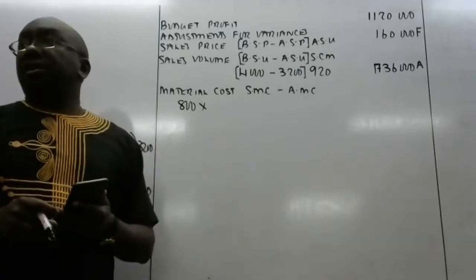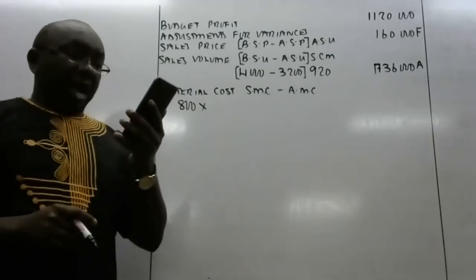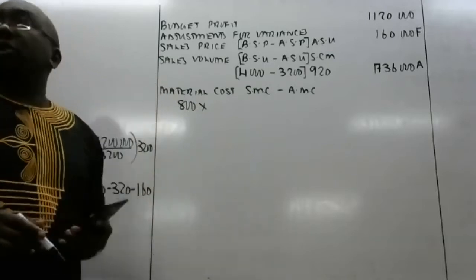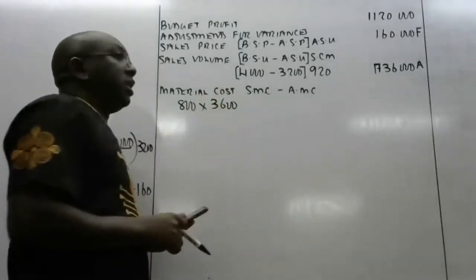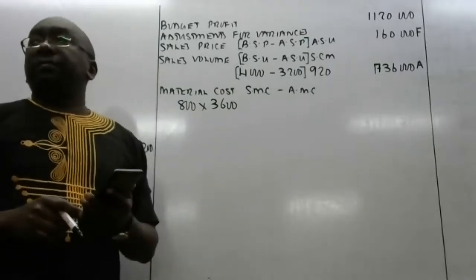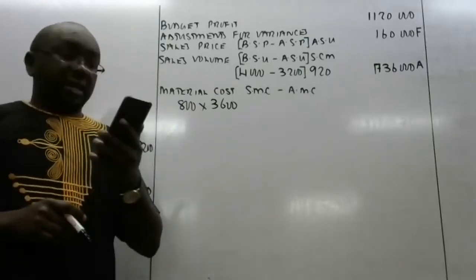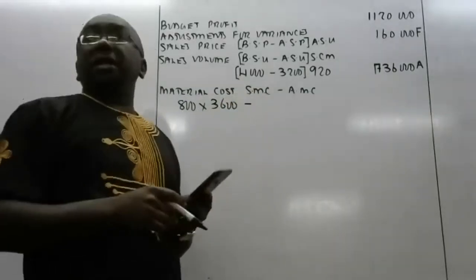That is the standard material cost. Then you multiply by the actual units that were produced, 3,600. Then you minus the actual material cost.